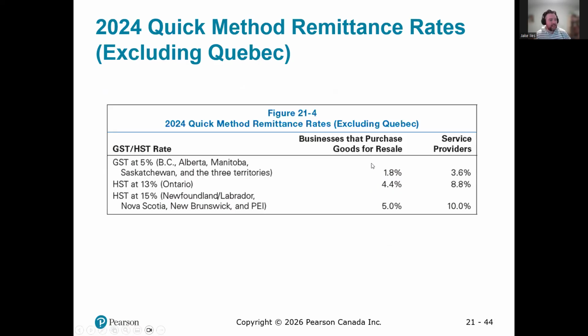So the reason that we have 6 different rates in our quick method is because there's generally 2 types of businesses: businesses that sell products and businesses that provide services. So if I am a service provider, it's assumed my cost margins are going to be smaller.